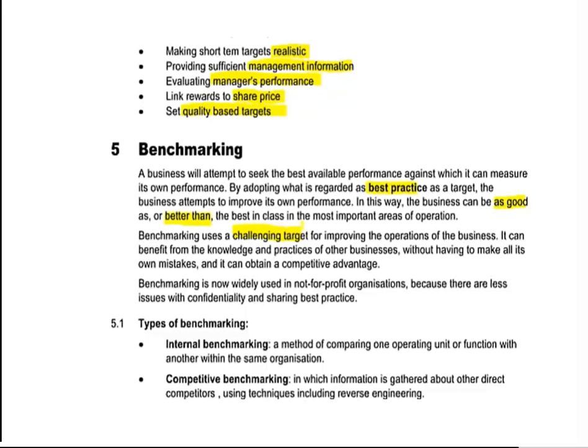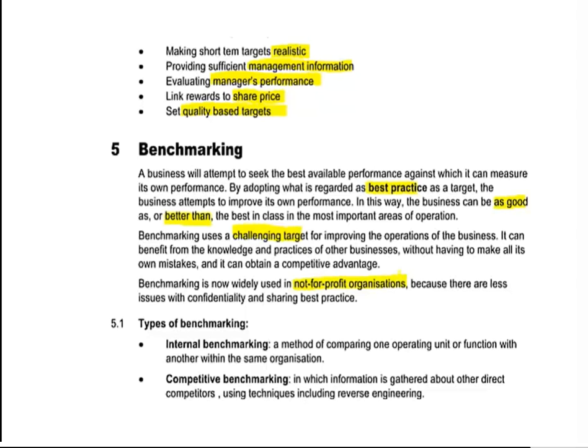The other thing about benchmarking is that you don't have to make all of your own mistakes. You can learn from someone else. So sometimes you might hear the phrase, you don't have to reinvent the wheel. It's already been done. We can just utilise other people's experience. It's especially useful in not-for-profit organisations because they're not aiming to make money.